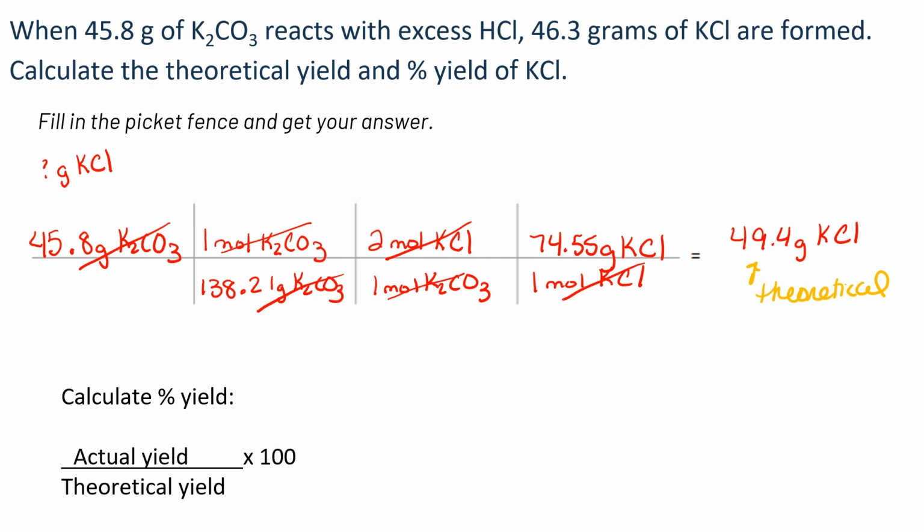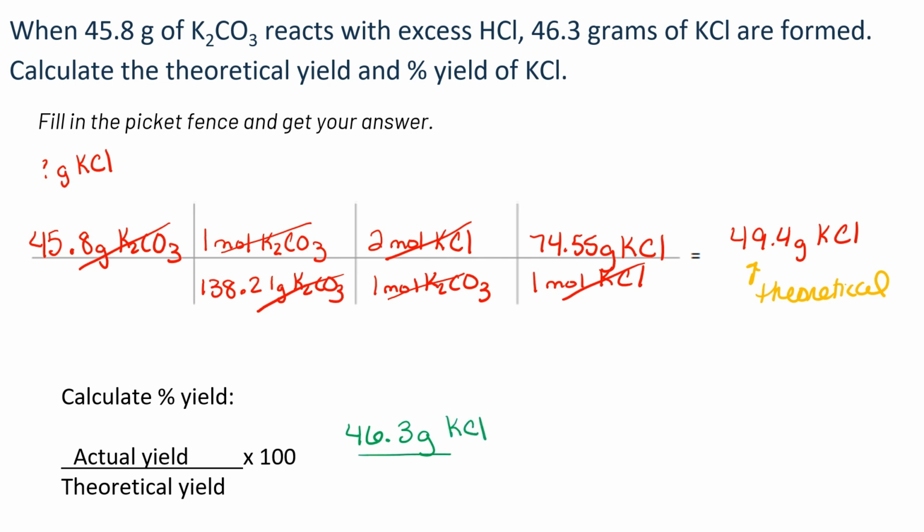So now I'm going to calculate my percent yield. I'm going to take my actual yield, which was given to me in my problem, because it has to be. It's going to be my lab value, which is 46.3 grams of potassium chloride.